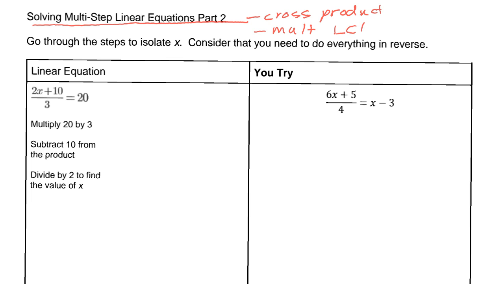Lowest common multiple. All right, so for our first problem, we have the linear equation 2x plus 10 all over 3 is equal to 20. I'm going to zoom in on this, and we're going to focus on that problem.